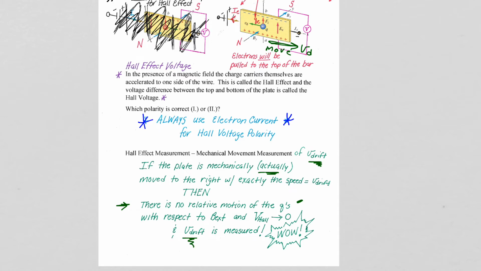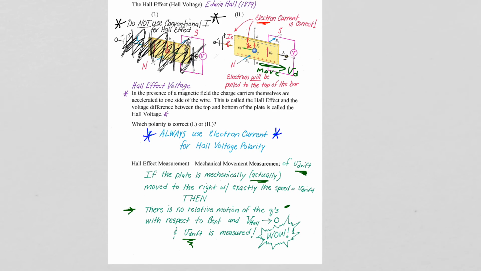So really cool. We have a mechanical means of literally measuring the drift velocity of the electrons in that metal. And the Hall effect gets even better because we don't have to actually use a mechanical measurement.